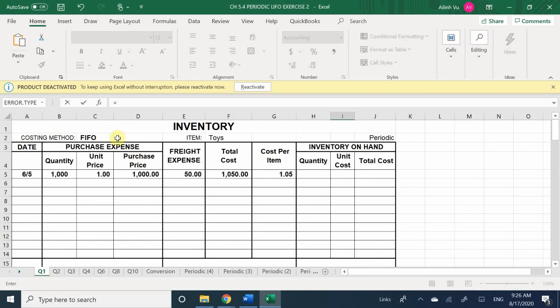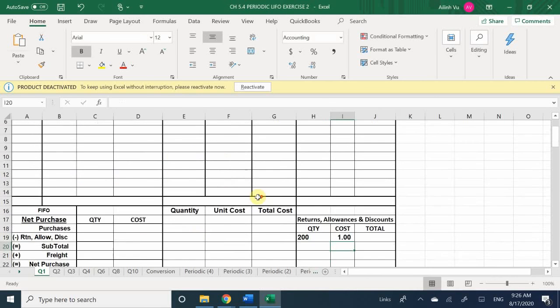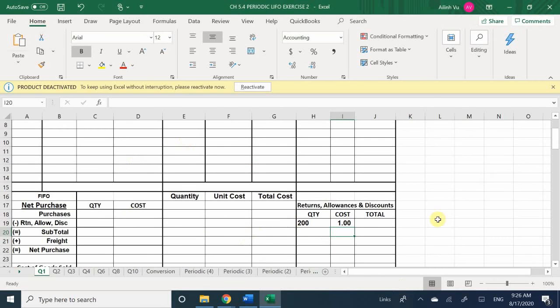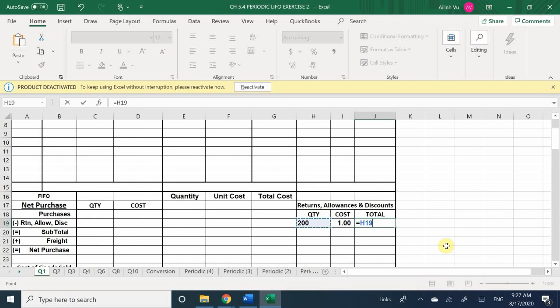All right. So what number am I going to be using this time? What's my cost per item this time? $1. It's going to be the original price that you purchased it for, which is $1. Okay. And then here, what is my total? 200. Good.